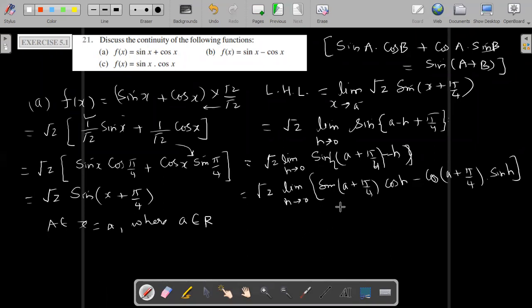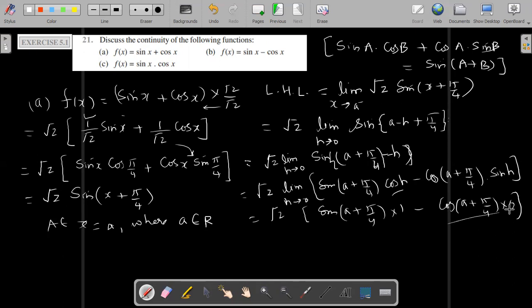Then put the value of h as 0. So cos 0 degree is 1 and sin 0 degree is 0. So we get root 2 sin(a + π/4) into cos 0 degree, which is 1, minus cos(a + π/4) into sin 0 degree, which is 0.